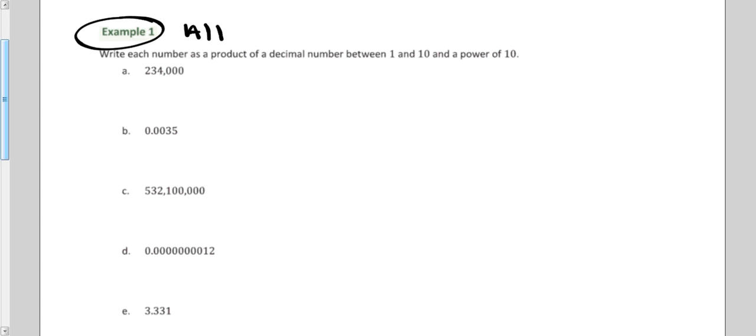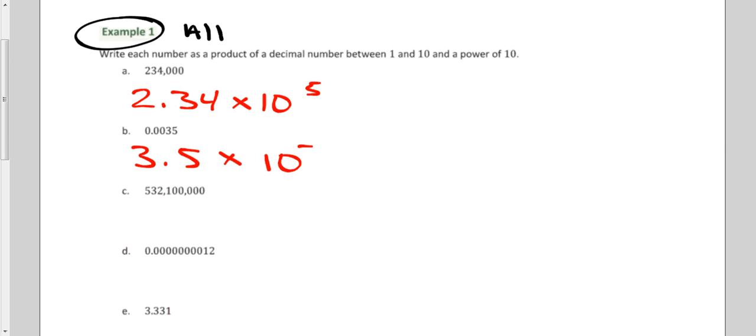So, letter A: 2.34 times 10 to the 5th power. Letter B: 3.5 times 10 to the negative 3rd power.